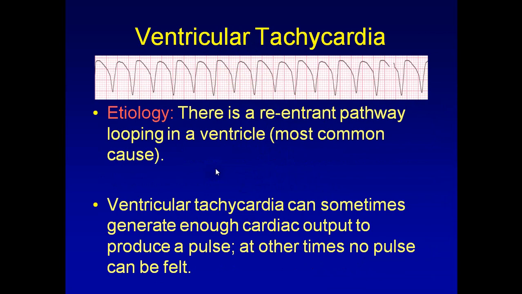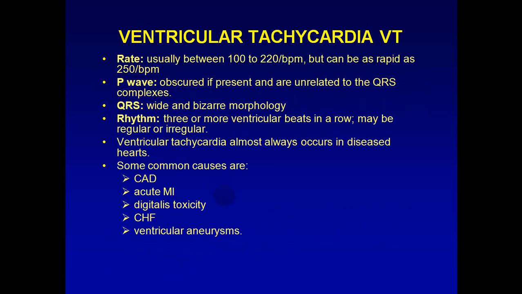Ventricular tachycardia can sometimes generate enough cardiac output, but usually there is no cardiac output and the patient is compromised, with hypotension or shock. This is called hemodynamically unstable and needs urgent intervention like DC cardioversion or other. So it's a serious rhythm, usually from myocardial infarction.